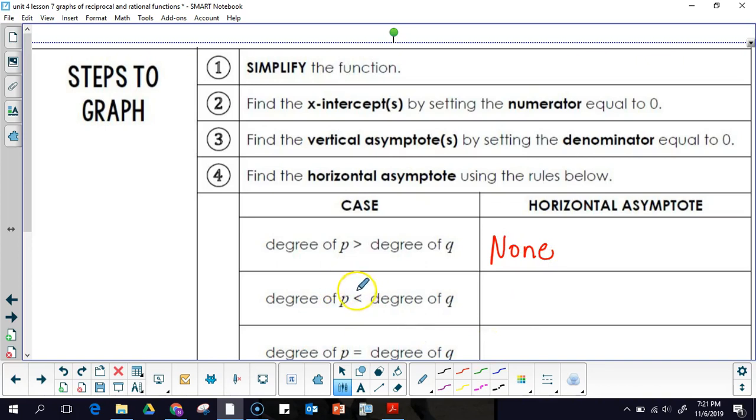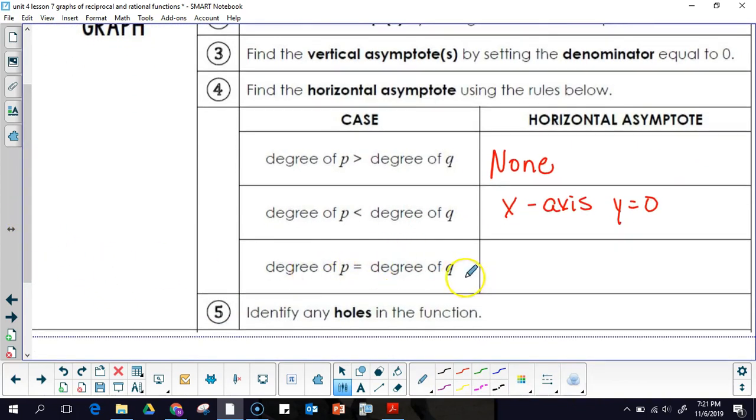If the degree of p is less than the degree of q, numerator is less than q, then the horizontal asymptote is the x-axis, where y equals 0. If the numerator's degree and the denominator's degree are equal, then what you do is you make a fraction, leading coefficient over leading coefficient, numerator and denominator.